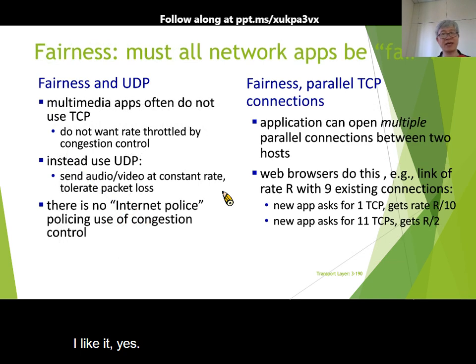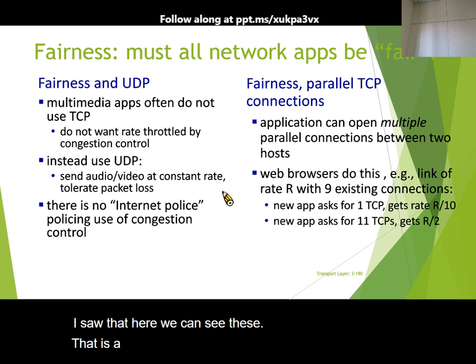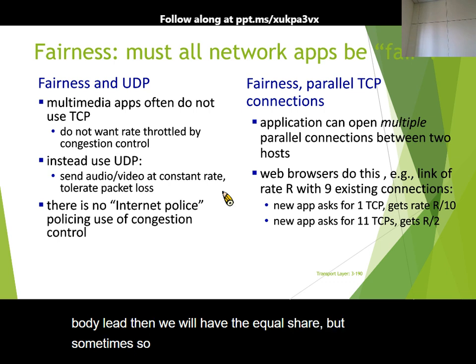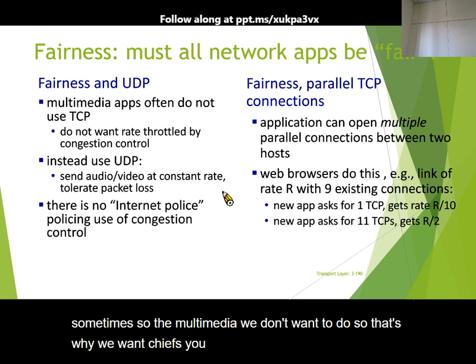And so here, we consider fairness and UDP. Because of the fairness of TCP, if we have multimedia, then we will have the equal share. But sometimes for multimedia, we don't want to do so. So that's why we will choose UDP rather than TCP if we have a multimedia application.